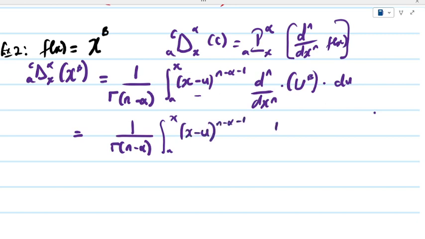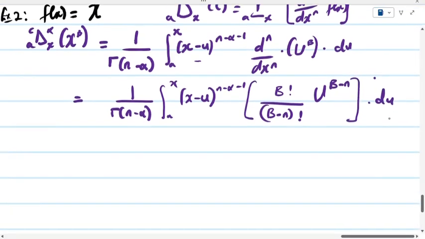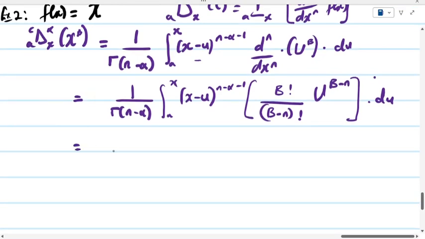This will be given as b factorial over b minus n factorial, then we have our u raised to b minus n, then we have du, integration with respect to u. Since we are dealing with integration with respect to u, b factorial and b minus n factorial are constants, so I can just bring them outside.